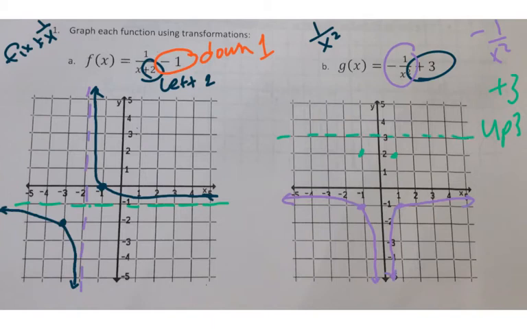So that's my asymptote. We also still have our asymptote over the y-axis. So here I'm going to graph my final graph of this in black. This has been shifted, reflected, and shifted.